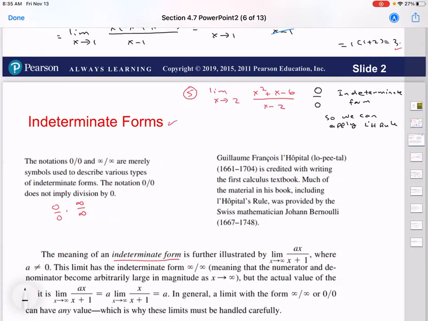You can simplify the top. So what do you get? You get x plus 3 times x minus 2, and cancel out the x minus 2 from top and bottom. You don't have to use L'Hopital's rule, but we can use L'Hopital's rule here. Do you understand this? Because we have indeterminate form.